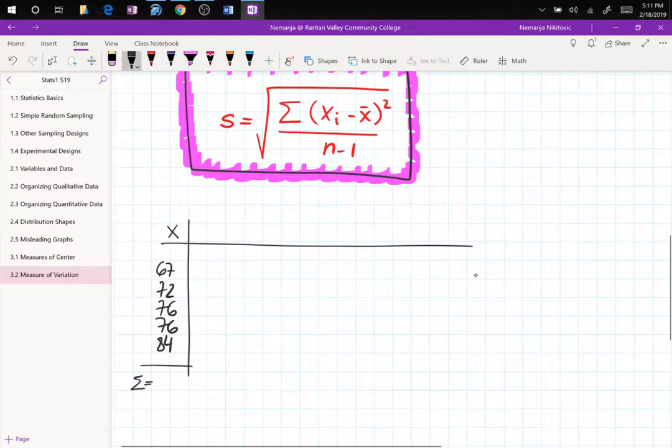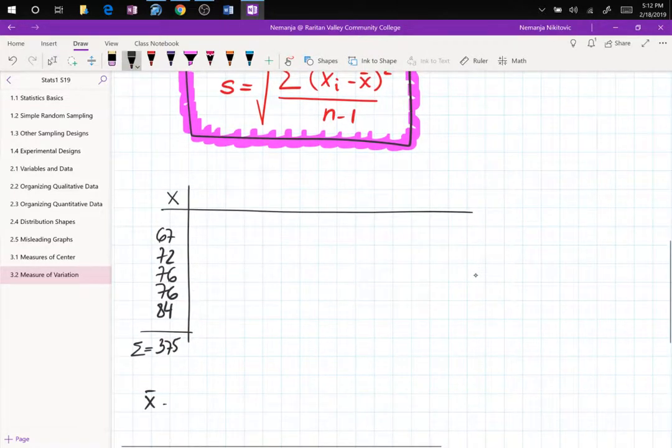What do we have? 375? And now x bar is going to be 375 divided by 5, because we have 5 entries. So that's going to be 75.